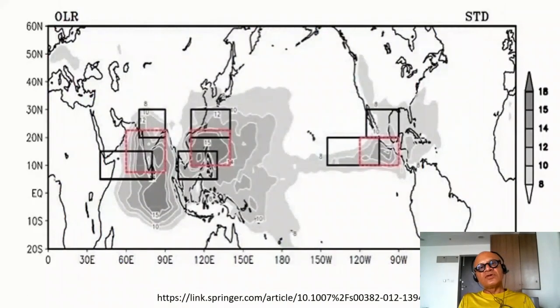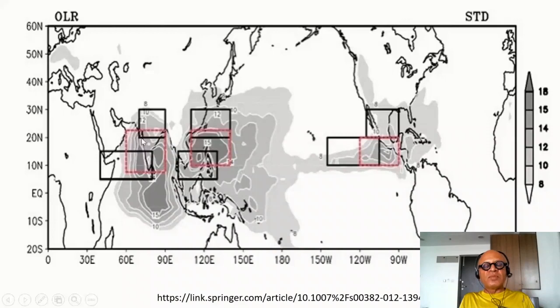A lot of the studies originally just focused on the boreal winter season because MJO has been studied for a long time. It's got a very robust signal in tropical convection as well as the teleconnections to the mid-latitudes. But now more and more studies are also looking at boreal summer intraseasonal oscillations.